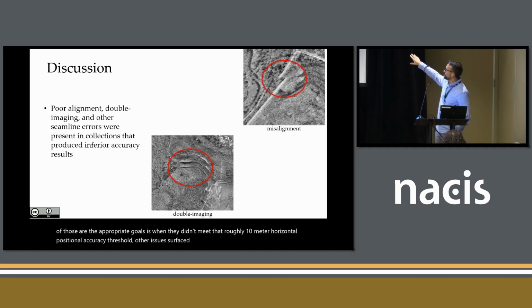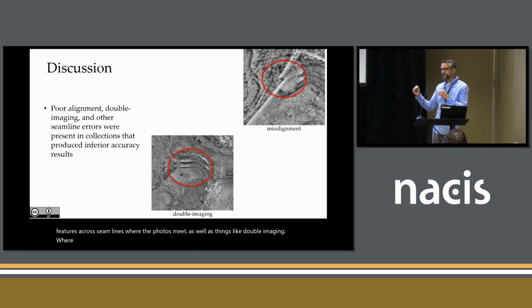Those are misalignment of linear features across seam lines where the photos meet, as well as things like double imaging, where a single feature depicted in 2 different photos is spatially disjointed, and so when you mosaic them together, they become 2 separate features when they're only supposed to be one. And this is the bottom graphic there.